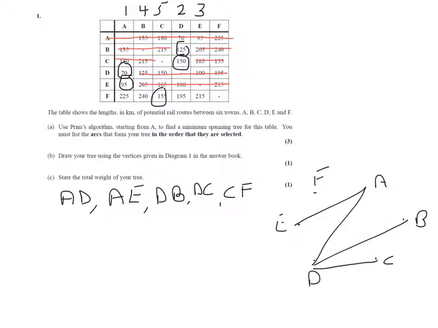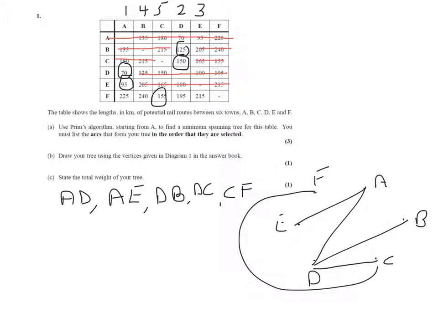Now CF, personally, I hate it if you drew it like this, because it would then, in my mind, have 3 more crossing points. But the mark scheme allows you to draw a line like that. Personally, I prefer to draw it like that.